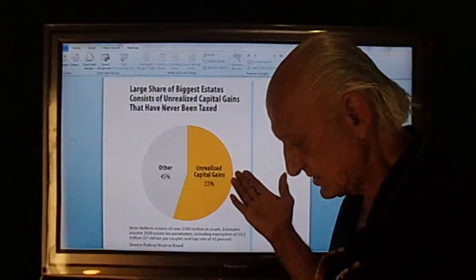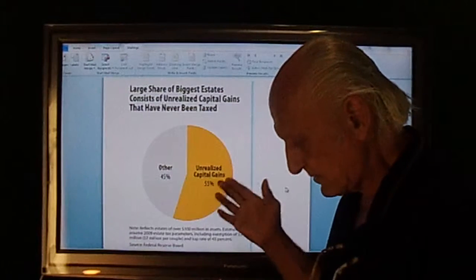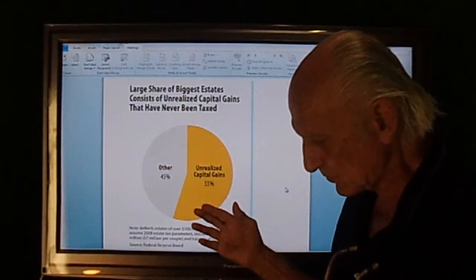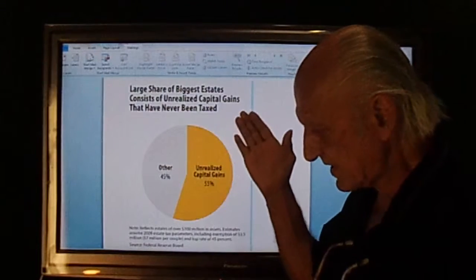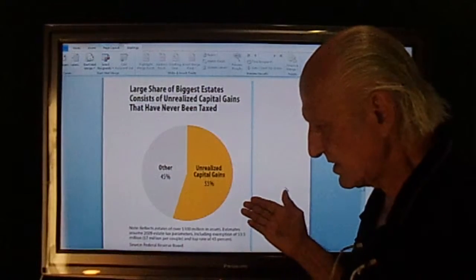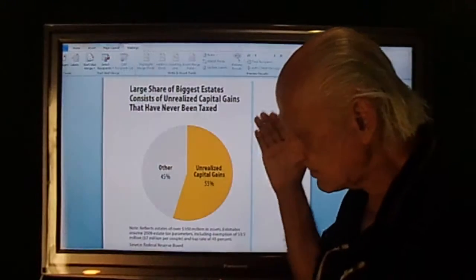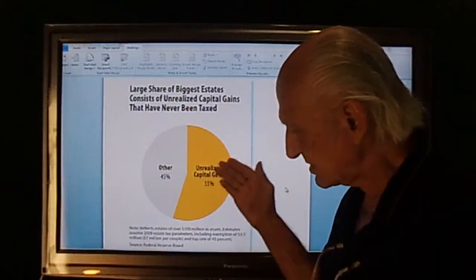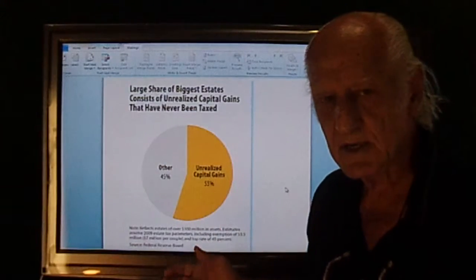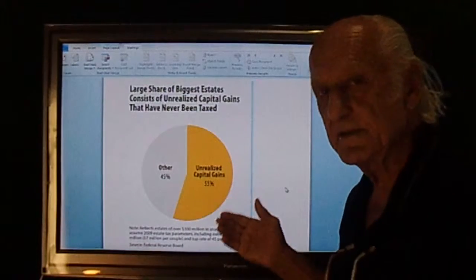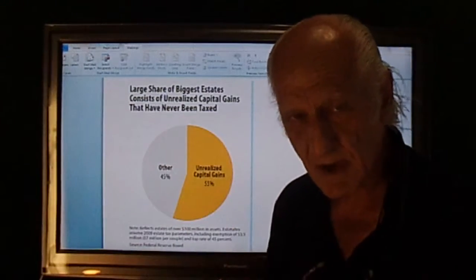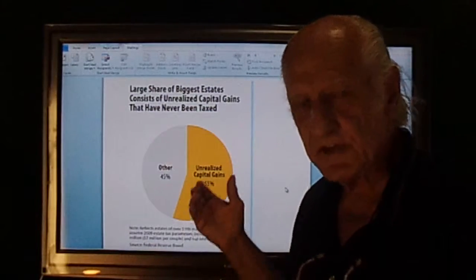Now that means the parents can transfer $28,000 to each of their children, tax-free. Now that's almost double the minimum wage. And on top of that, they can transfer another $5 million, well $10 million, to their children, tax-free during their life.